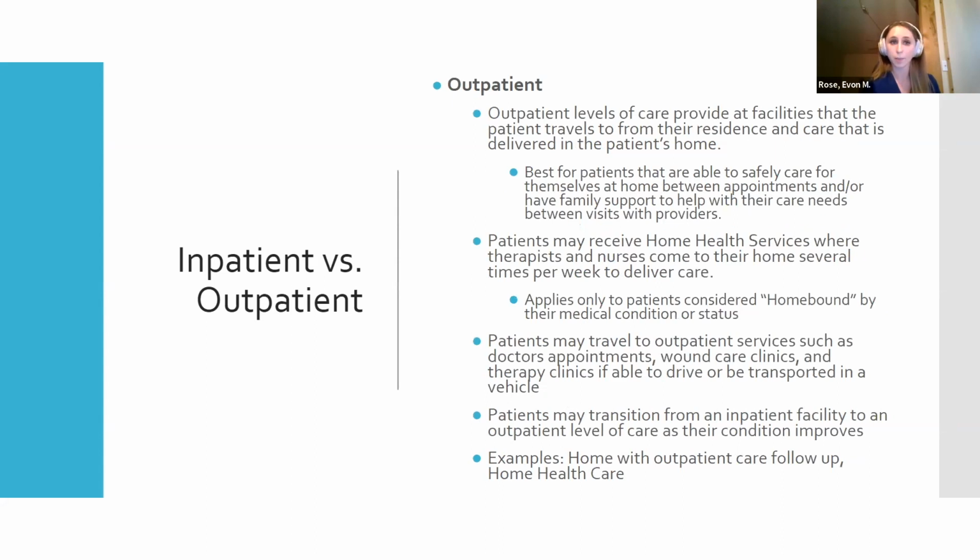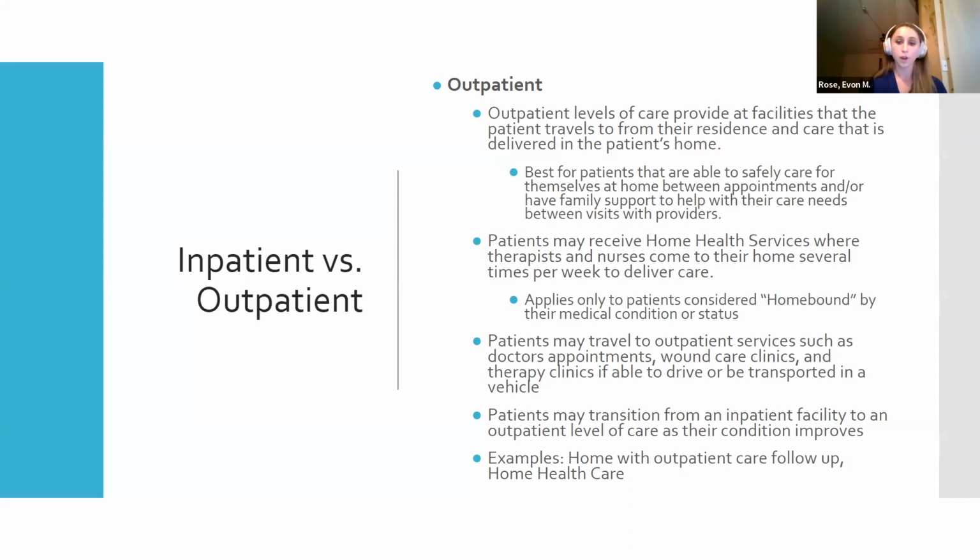In contrast, there's outpatient facilities. This is an option for patients who are safe to go home or have family that can help take care of them at home in periods between care being provided by professionals. Patients who are appropriate for this might be able to drive or ride in a car to an outpatient facility to receive therapy multiple times a week, or go to follow-up doctor's appointments.